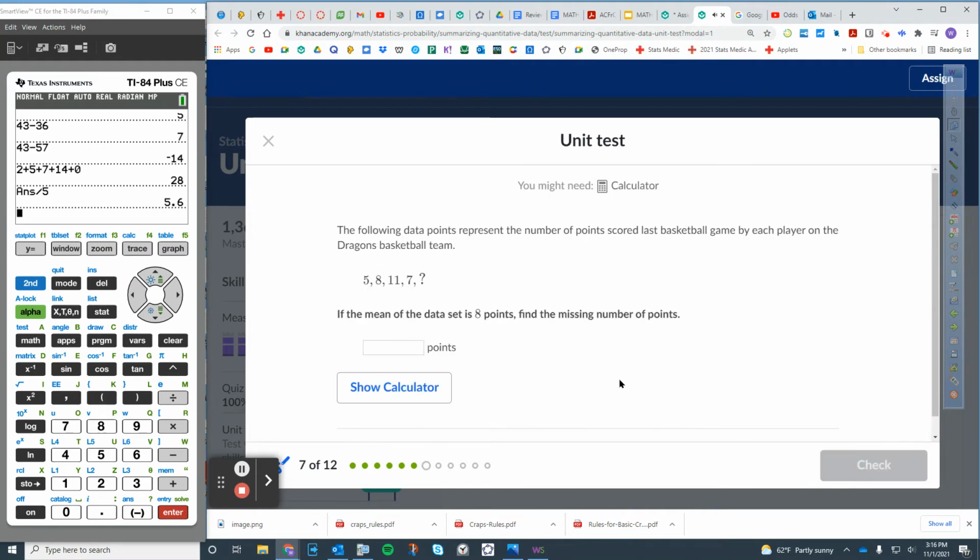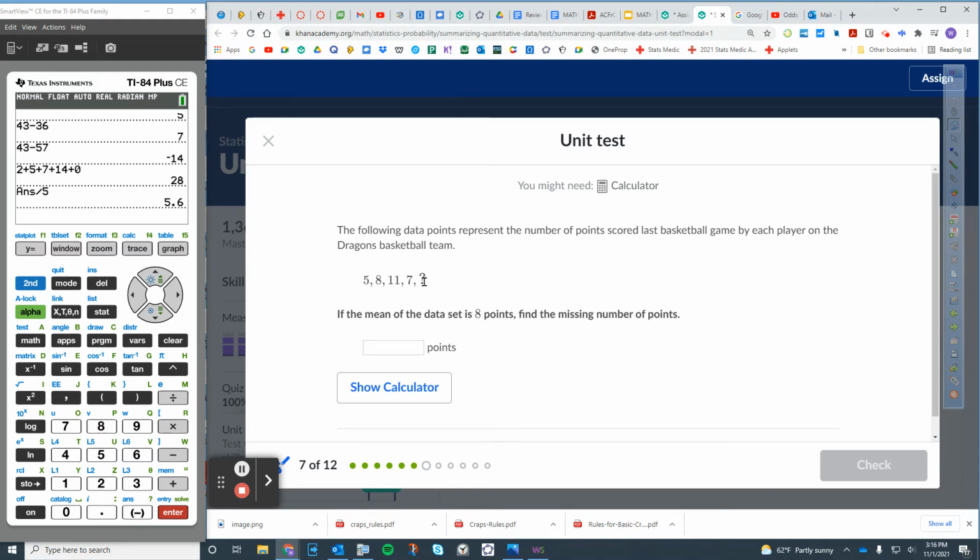Okay. The following data represent the number of points scored in the last basketball game by each player on the Dragon basketball team. So you have 5 values here: 1, 2, 3, 4, 5.